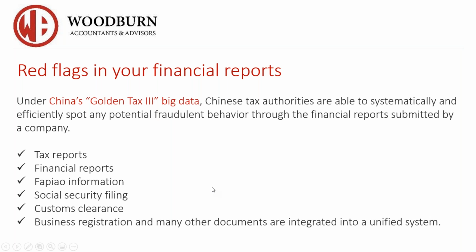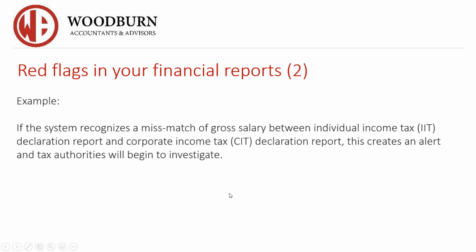So these are the types of documents and items that the tax bureaus will look at and see whether they identify any red flags, all right? So to give you an example, I've made a very simple example in relation to individual income tax and corporate income tax and how they're related.